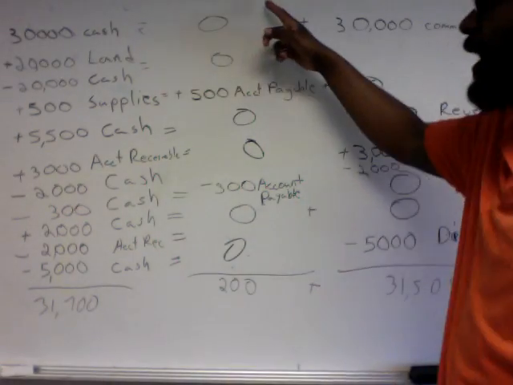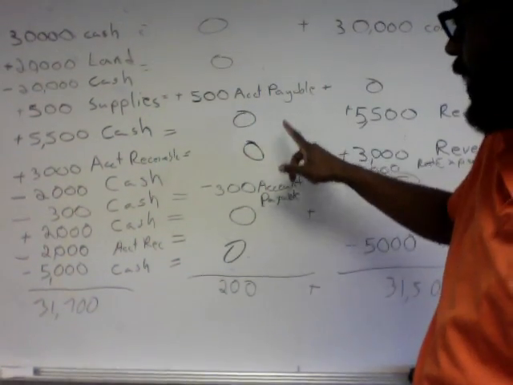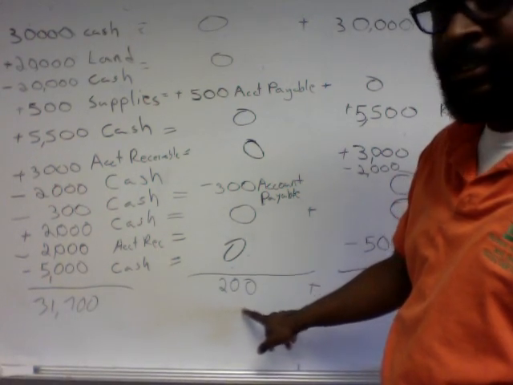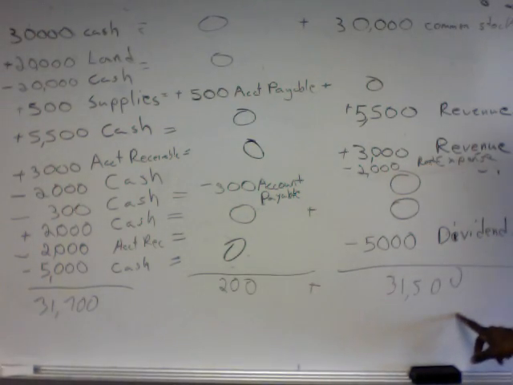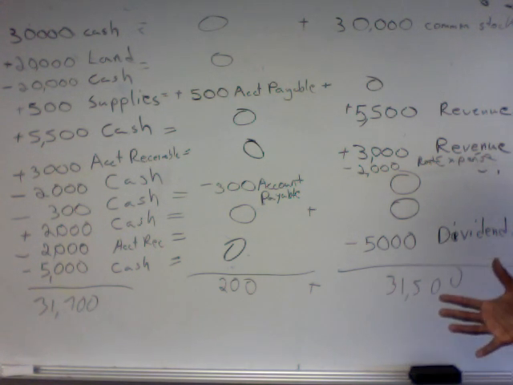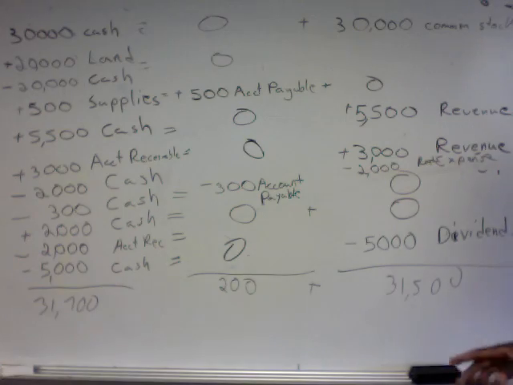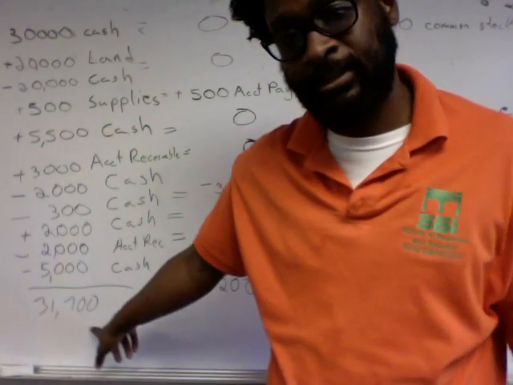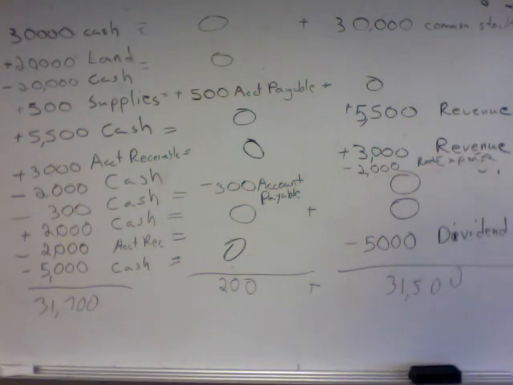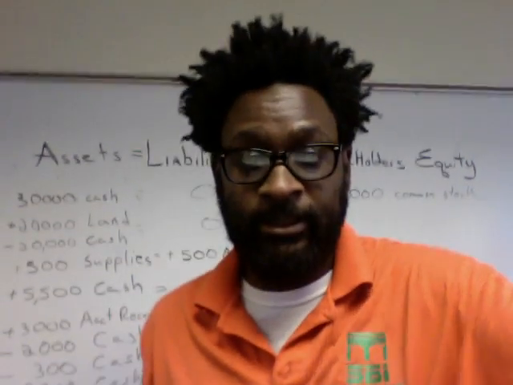Now, if we looked at our liabilities and added up all the liability accounts, we see that we have $200. If we did the same exact thing for our stockholders' equity, you should realize that we have $31,500. And what I wanted to point out is that at the end of the day, our total assets still equaled our total liabilities plus stockholders' equity. That is always the objective.